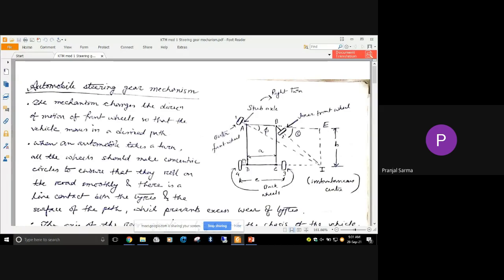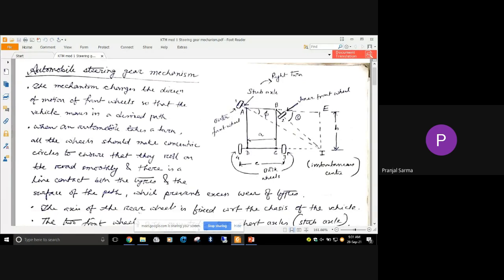Now, some of the basic criteria which should be fulfilled for proper steering, so that there is no skidding and no whirling of the vehicle. When an automobile takes a turn, one important criterion to remember is that all the wheels should make concentric circles.